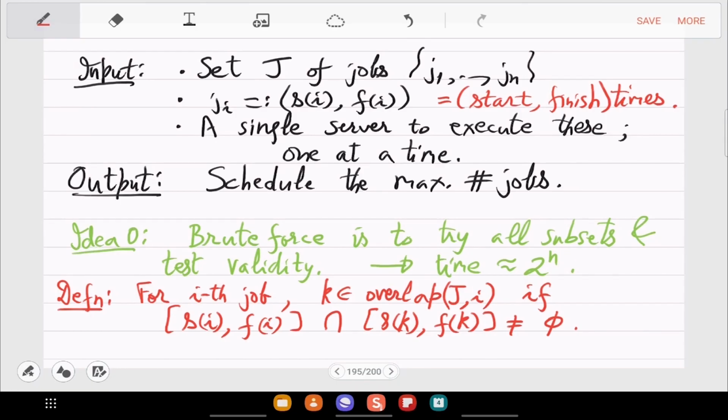Okay, so this defines what we mean by overlap. The jobs which overlap with I are the ones whose intervals have an intersection. The other ones, J minus overlap, are the non-overlapping ones. Fine? So this is what is important to check validity.